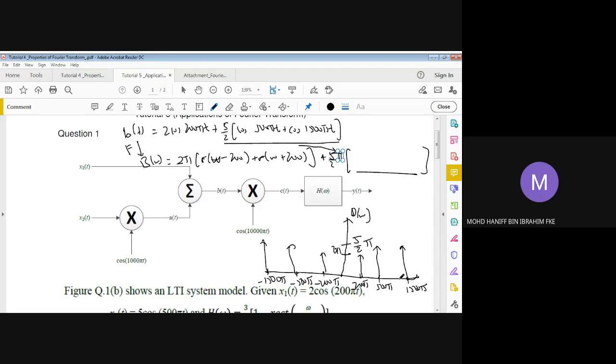Okay, so we can proceed now with the CT.